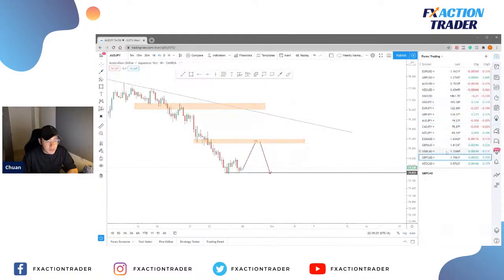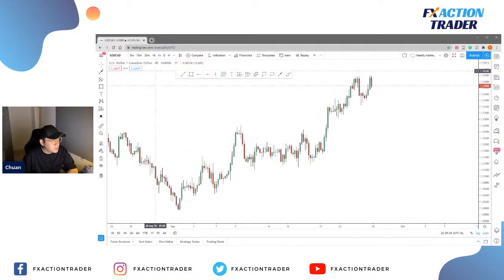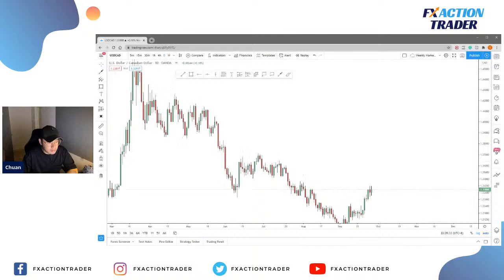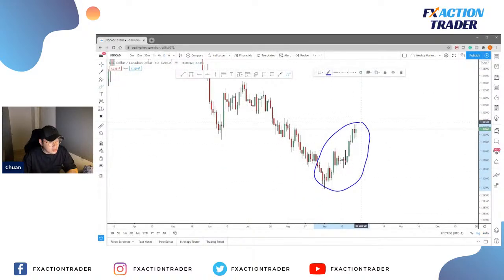So for the USD Canadian pair, obviously this pair is in an uptrend. On daily, if we focus here, this is a very obvious uptrend.